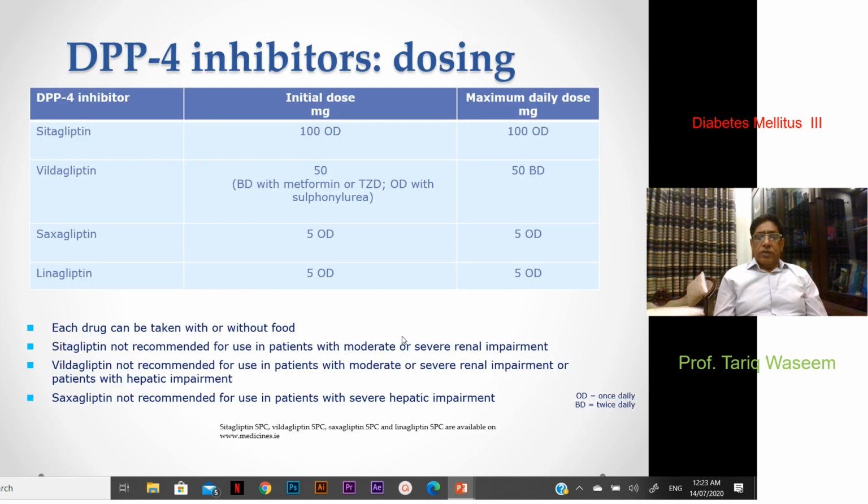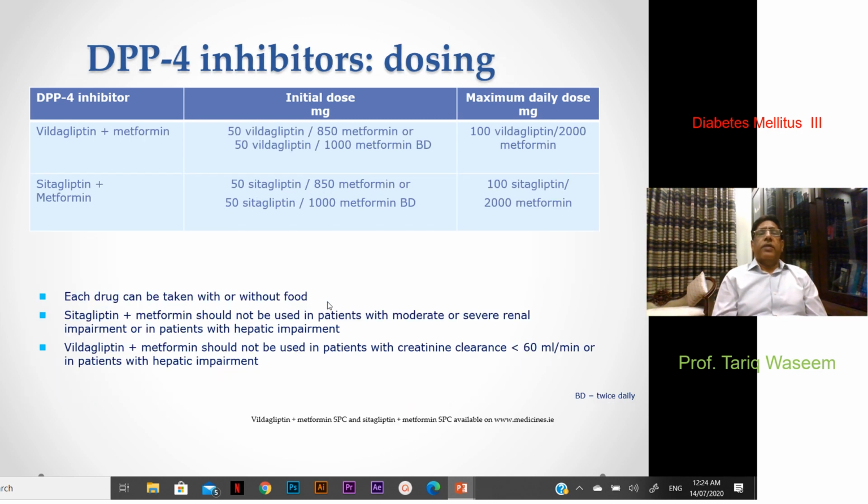Now various agents are available: sitagliptin, vildagliptin, saxagliptin, linagliptin; these all end with the name gliptins. You can start with a dose of 100 milligram for sitagliptin, 50 milligram for vildagliptin, and 5 milligram for saxagliptin. These two are not available over here.